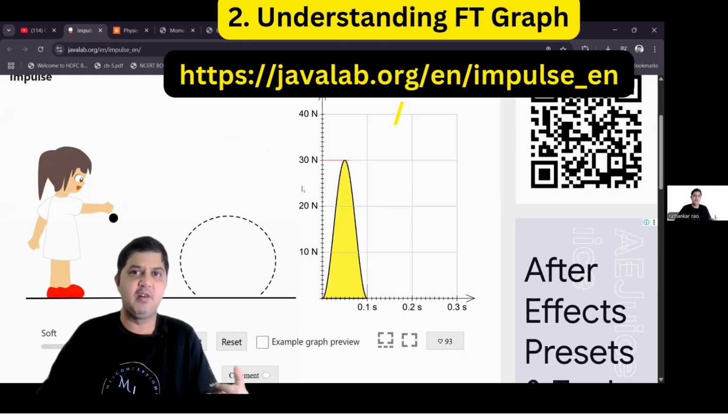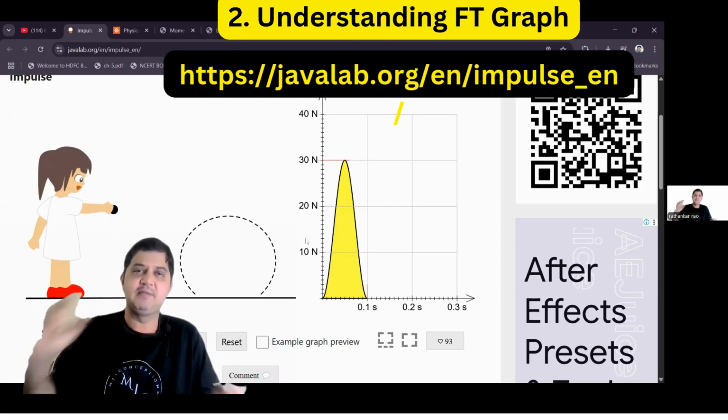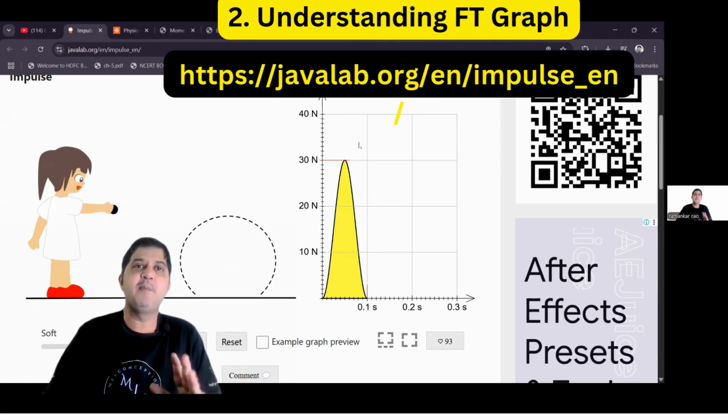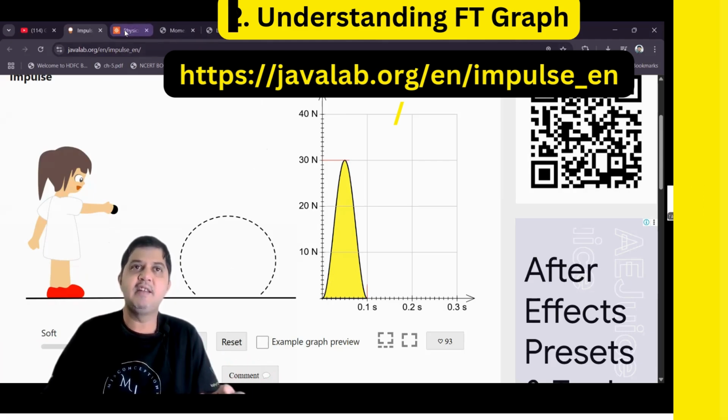This shows how you calculate the change in momentum and what happens to the force. As you see, the force increases linearly, then comes to a plateau region, and once again decreases as the ball leaves the surface. This is what a typical force-time graph looks like whenever a collision is seen. Let me go on to the next one.